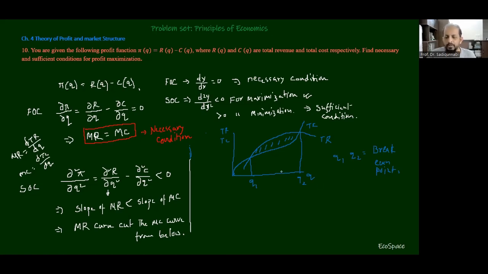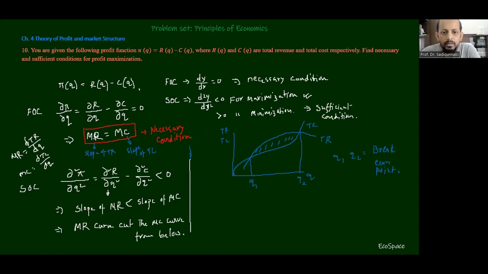So in between Q1 and Q2, we need to find the maximum profit. That means the distance is maximum. The maximum distance is that distance which is supported by the parallel of MC, that means the slope of TC. This is the slope of TR, total revenue, and this is the slope of total cost.